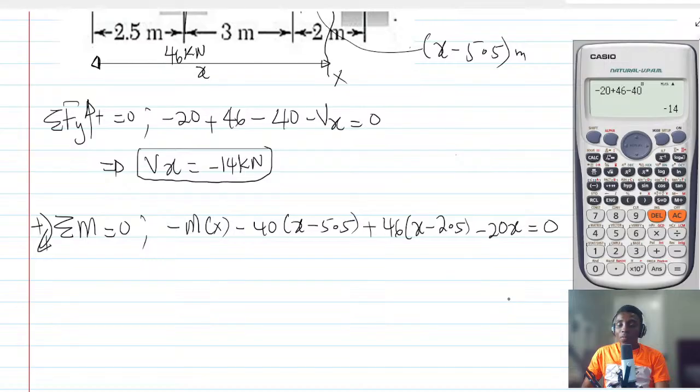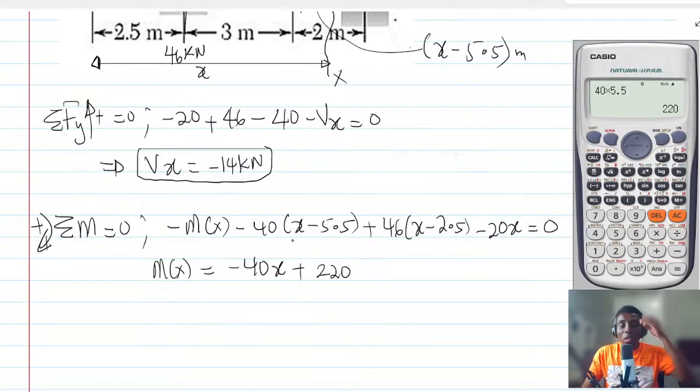All right, so m of x will be equal to whatever is here. So we have minus 40x plus what? 40 multiplied by 5.5, 220, and then what?